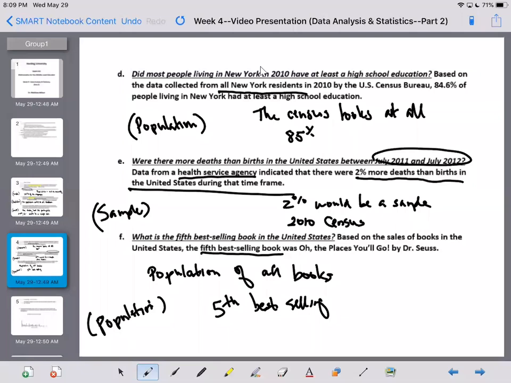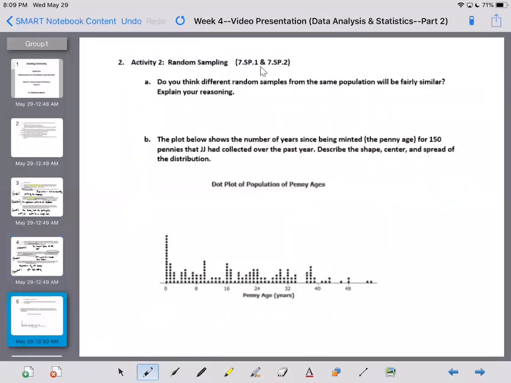All right, look at our next question. We want to talk about random sampling, which is going to give you a very good indication of a truer reading of your population.